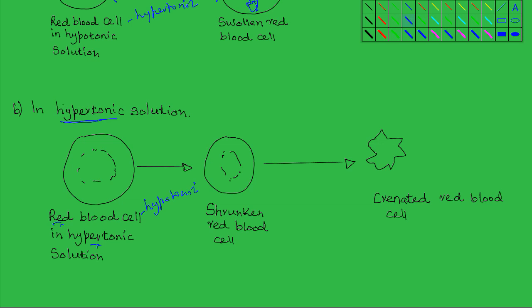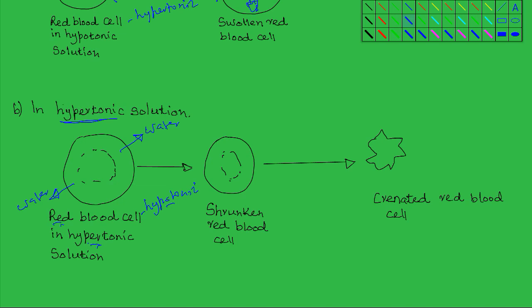So in the hypertonic solution, the red blood cell will lose water, and as it loses water, it tends to shrink. It's going to become smaller because there's a decrease in volume due to the loss of water from the cell to the surroundings.